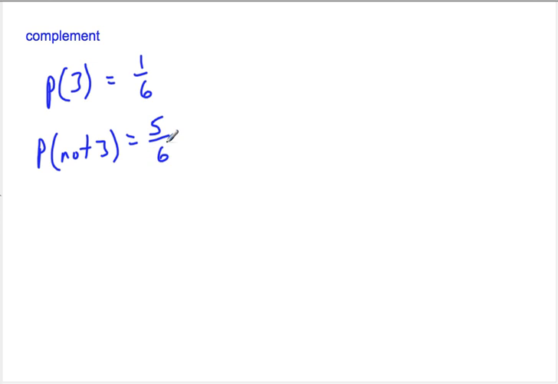Because that could be a 1, a 2, a 4, a 5, or a 6. The complement added to the original event is always going to be equal to 1, right? So the probability of 3 is 1/6. So the probability of an event happening plus the probability of the event not happening is always equal to 1. Notice 1/6 plus 5/6 is equal to 1.